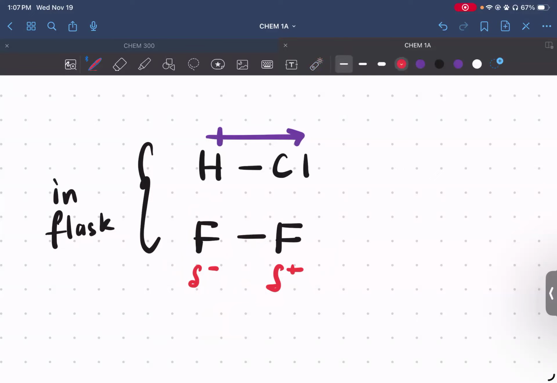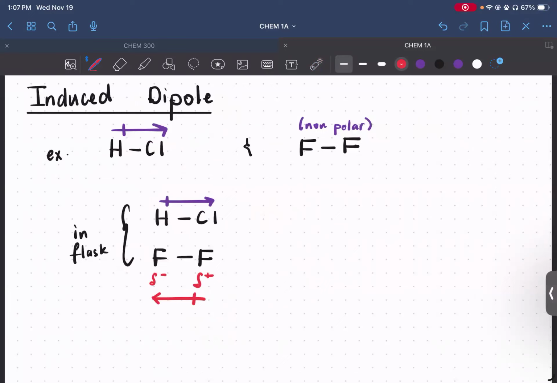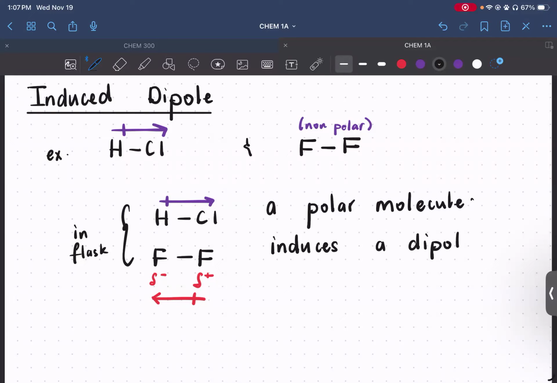As a result, we are now able to draw a dipole moment for a molecule that we know to be nonpolar. In the case of an induced dipole, a polar molecule literally induces a dipole in a nonpolar molecule.